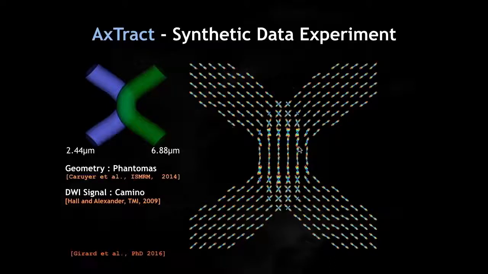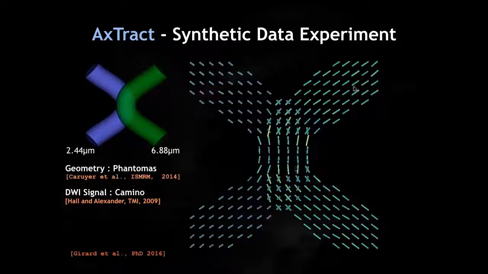We estimate the calibers, the orientation profiles, and here is a visualization of the peaks colored by their local axon diameter, mean axon diameter estimation. So there's a bit of noise in the center here, but you can still appreciate that you can pull these two configurations apart. Your eye is tracking right now. All of your eyes right now are actually reconstructing both fiber groups easily.